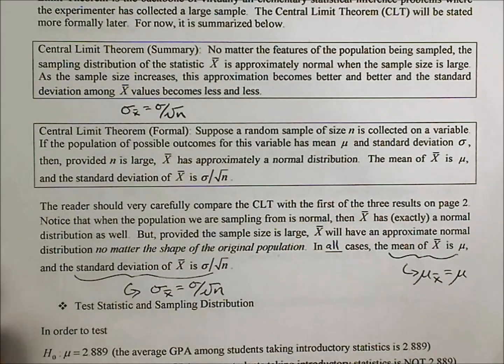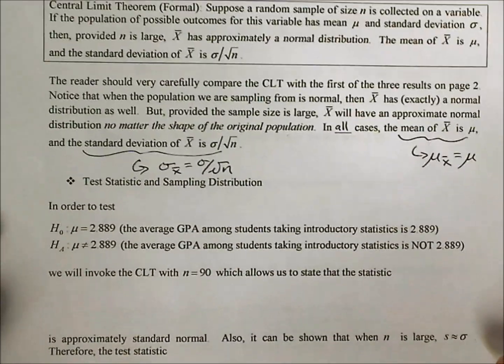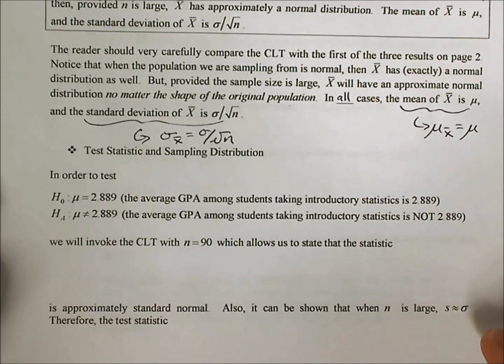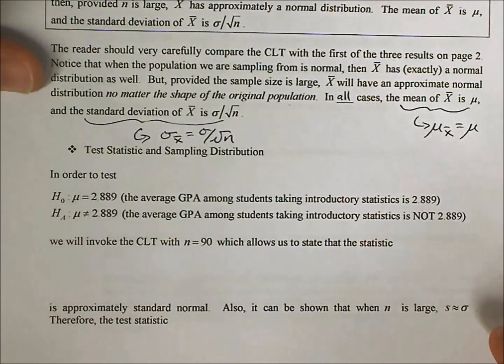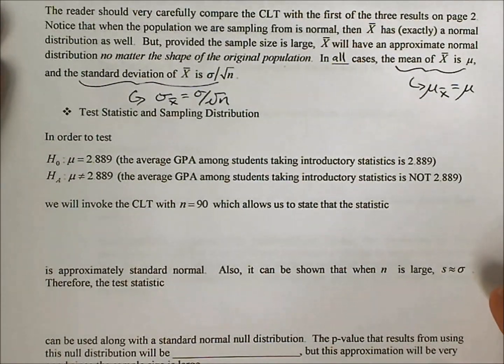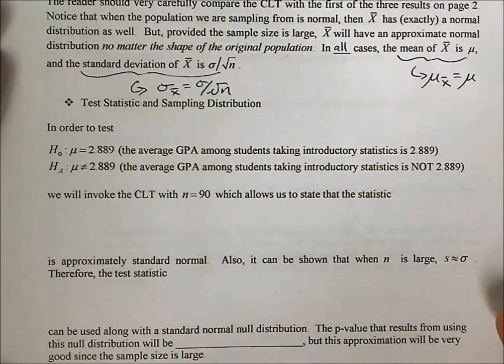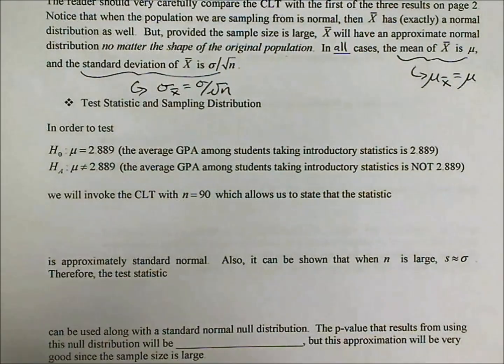There can be some discussion on if that's high enough. For some underlying populations, that's really more than what you need. For some other underlying populations, it's not quite enough. But for what we'll run into, and just to kind of draw a line in the sand, we're going to go with 30 or more, allows us to use the central limit theorem.